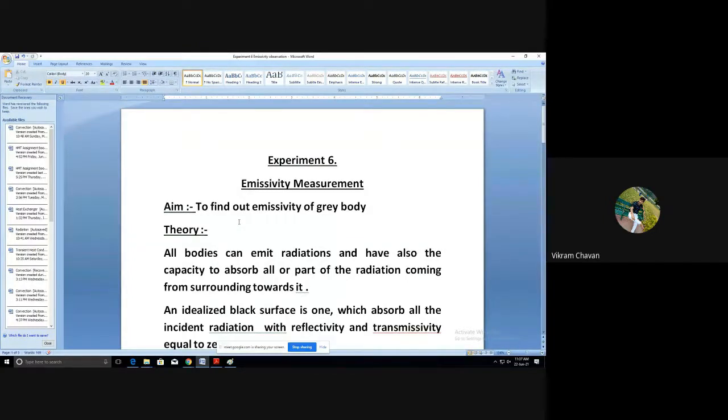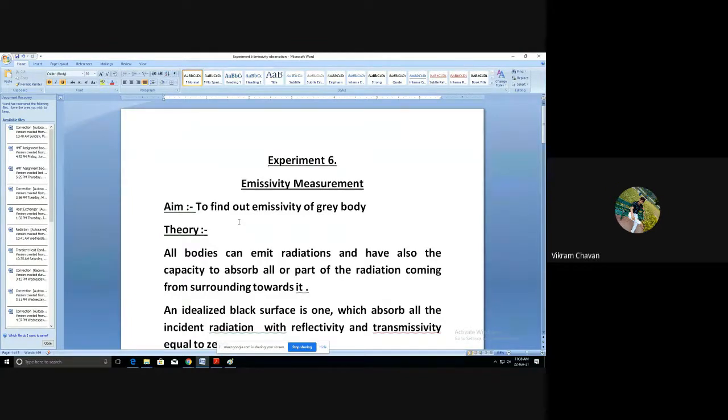Now the next body is the gray body. The gray body is the body which has uniform properties over the entire surface, like transmissivity, absorptivity, and reflectivity. Whatever the properties are for that body, it has uniform properties over the entire surface area.